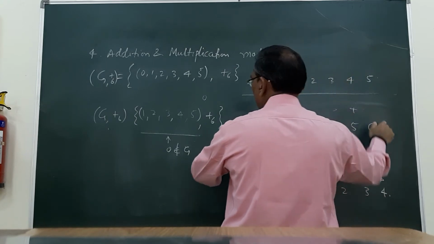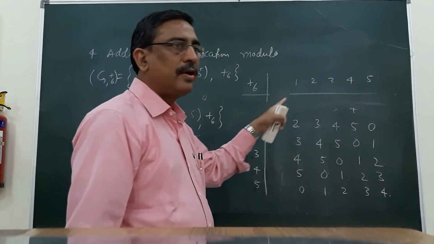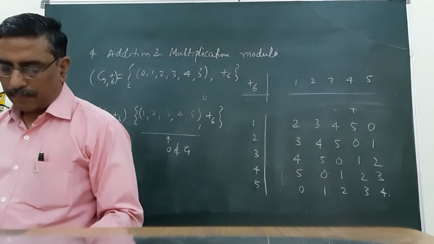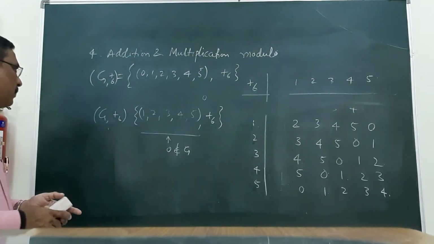This 0 does not belong to the set, therefore it is not a group.